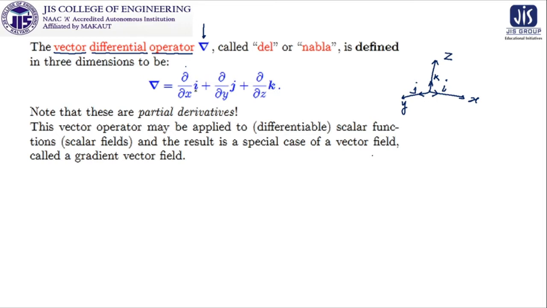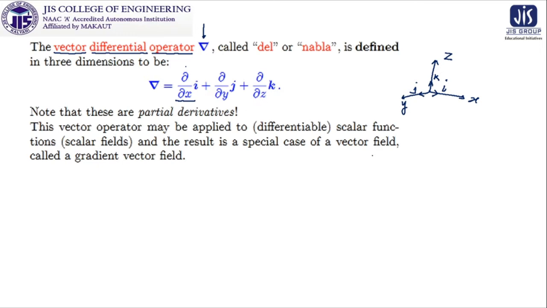You are not operating them on i, but after operating them, it has to be associated with i. That means the partially differentiated term with respect to x will be associated with the unit vector along the x direction. The partially differentiated term with respect to y will be associated with the unit vector in the y direction, and similarly for z also. Now it is clearly mentioned that they are partial derivatives, del x, del y, del z.